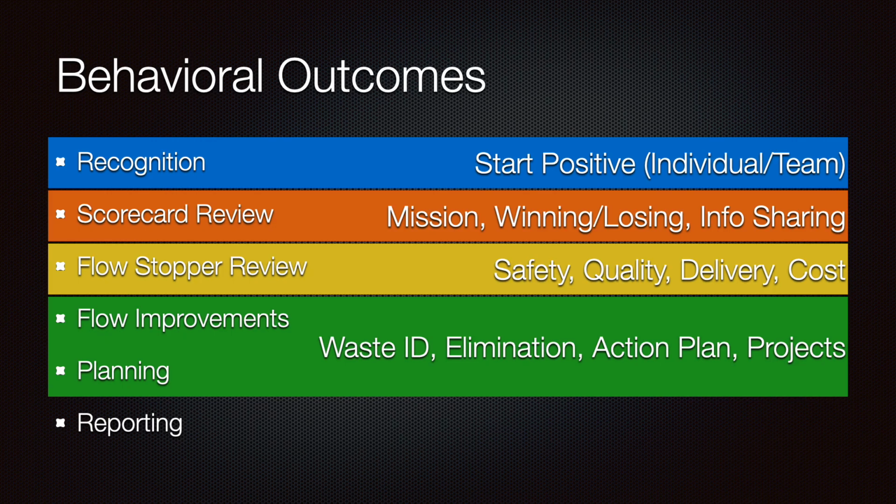How do we eliminate it? What are the flow improvements that we can make? What are the action plan items, the just do it's, the little things that we can do to eliminate waste and make things better? And then the bigger things, getting into planning, projects. How do we make things better from a larger scale? How do we interact with other departments and reduce wastes?